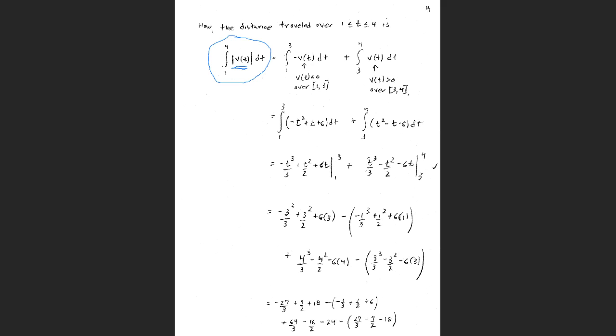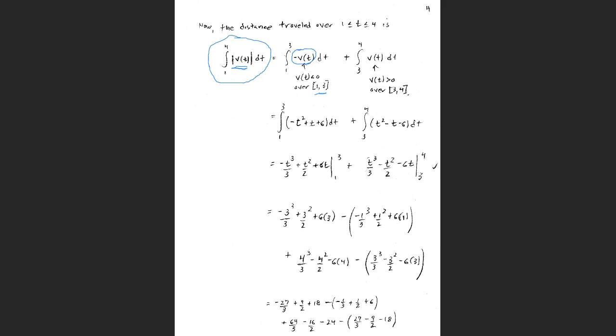Sorry, the net change theorem says that the integral of the velocity is the difference of the two positions of the particle, from your beginning time and end time. But when we're talking about from 1 to 3 seconds, the velocity was negative. And so you have to take the negative of the velocity.